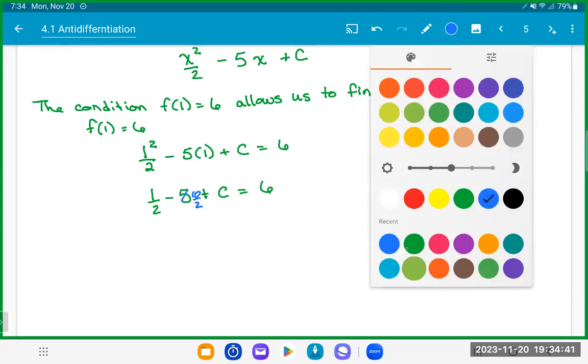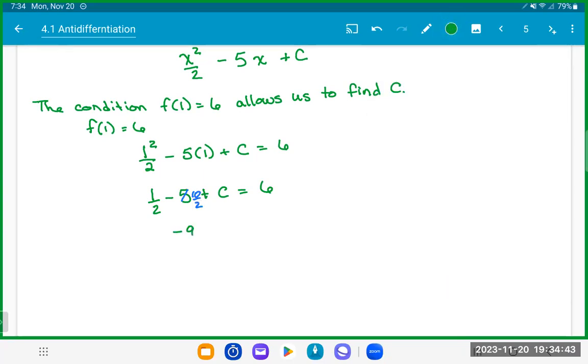So that will give me negative 9 halves plus c equals 6. And so when we do that, this is the same as saying 12 halves, right? So if I add 9 halves to both sides, that gives me that c is equal to 21 halves.